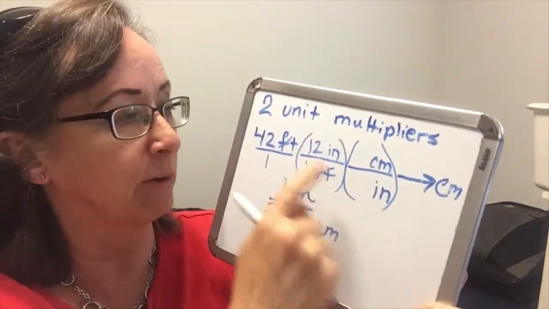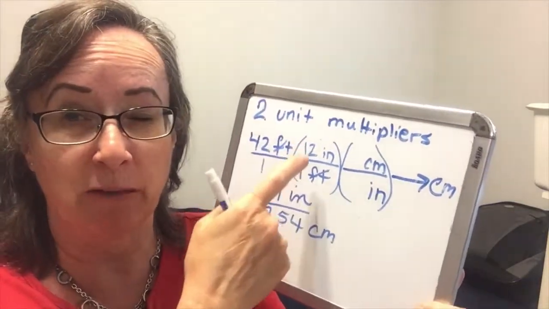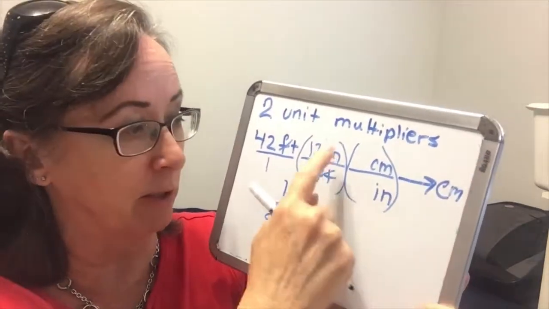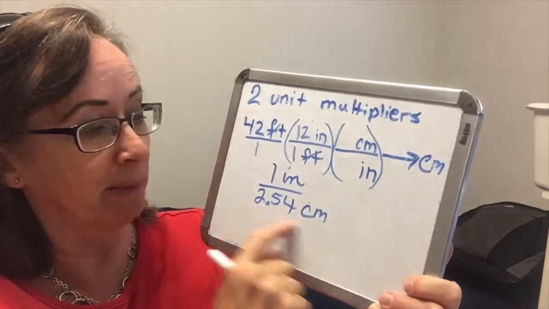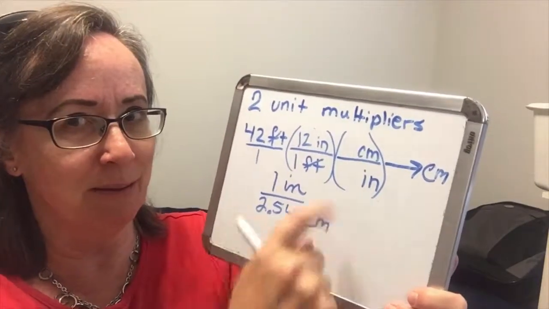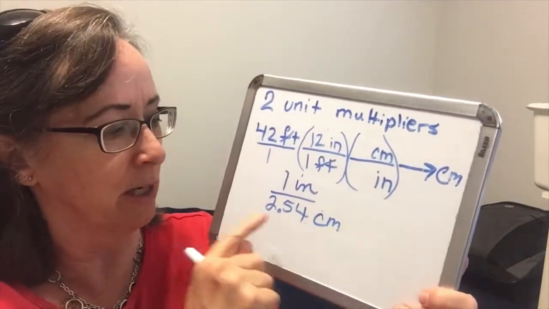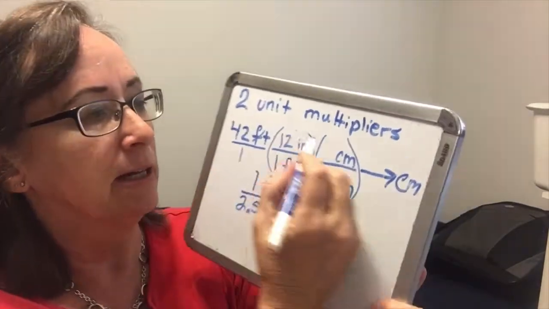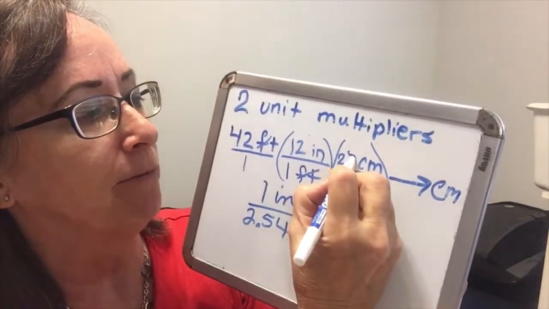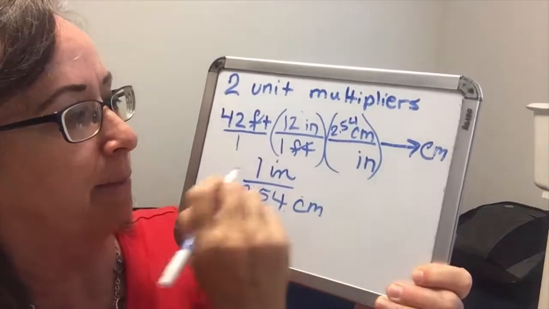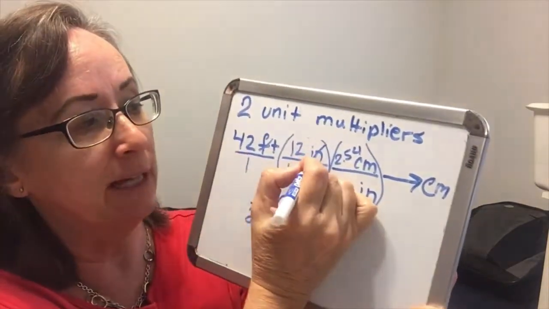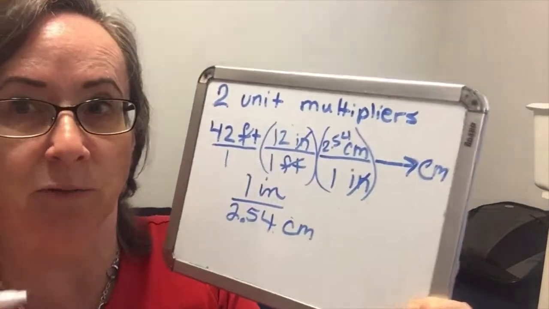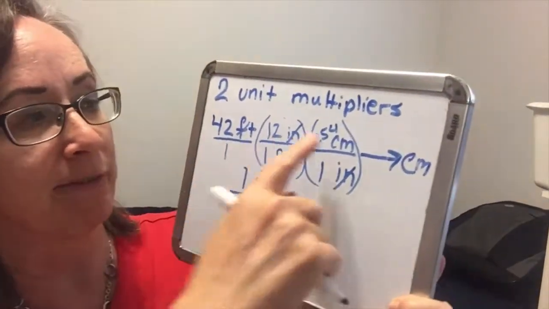We're getting rid of inches because we want it in centimeters. We want the inches on the bottom. So there will be a cancel. So I'm going to take this same unit multiplier, but I'm going to flip it over to put the centimeters on the top. So here I'm going to have 2.54 centimeters on the top and 1 inch on the bottom. And now my inches on the top and my inches on the bottom will cancel out, and I'm left in centimeters.